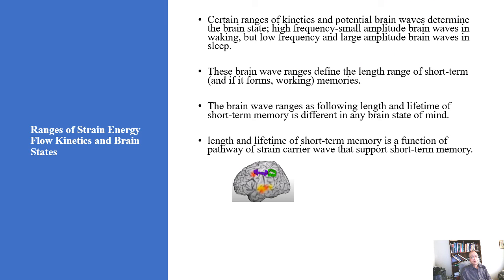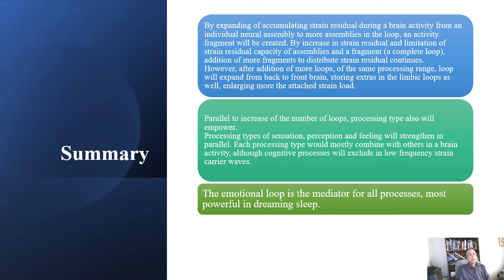Again, consciousness intensity, brain activity strains, and strain energy dynamics and kinematics are parameters that are tightly connected to each other. As a summary, by expansion of strain residual in a location of input, a brain activity will start to develop.